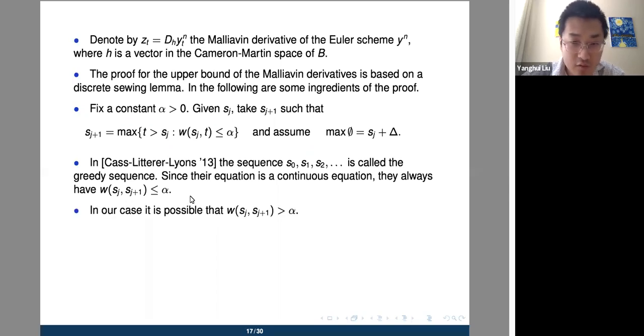In our case, it's possible that W(s_j, s_{j+1}) is greater than alpha. And therefore, we have to make this assumption that the maximum of the empty set is equal to s_j plus delta, so that s_{j+1} is always different from s_j.